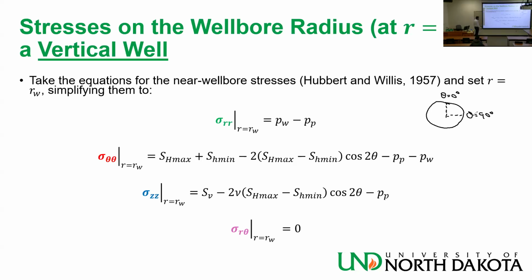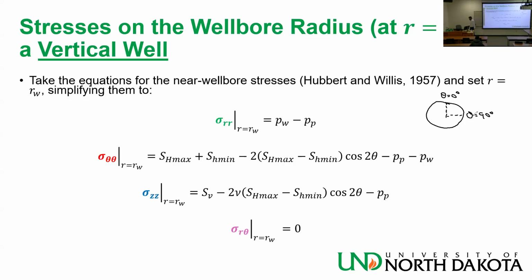So how do I incorporate that in my calculations? I may solve for a graph that has theta on the axis. Yeah, I can solve for PW as a function of theta.